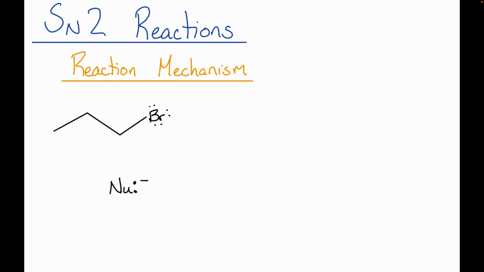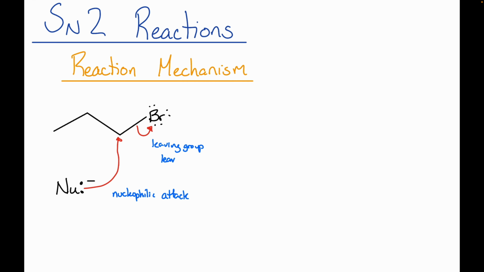Importantly, both of these are going to be involved in this rate limiting step. My nucleophile attacks that electrophilic carbon and kicks off that leaving group all in one shot. So our nucleophilic attack and our leaving group leaving happen all in one step.